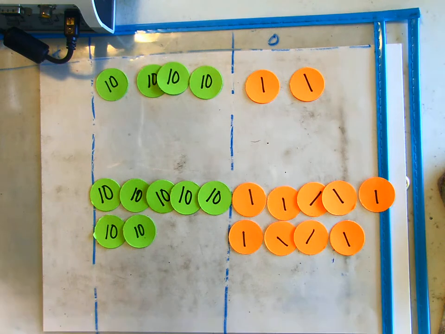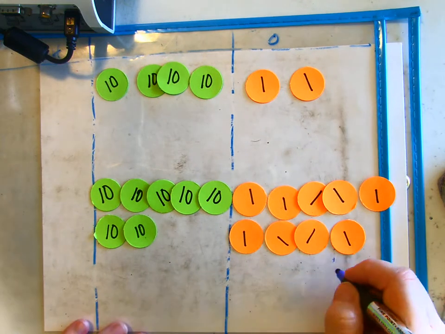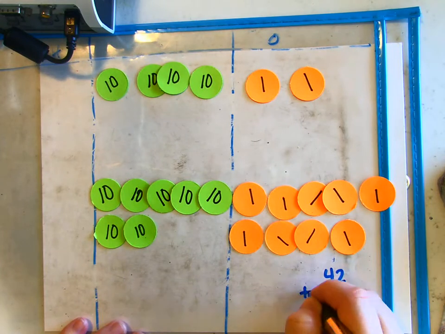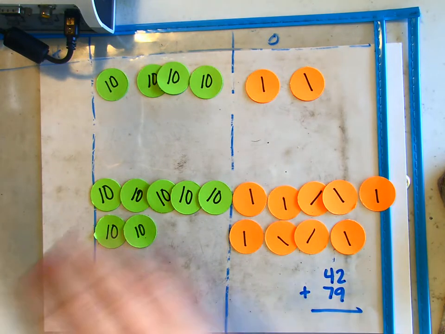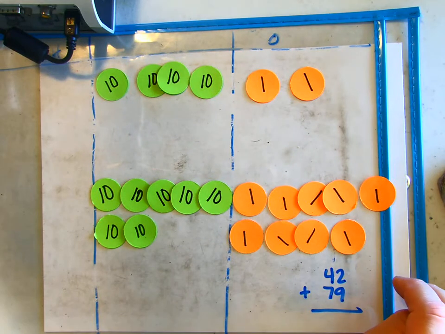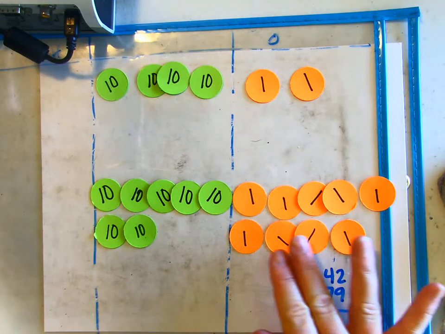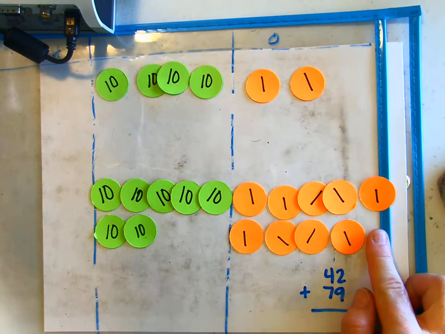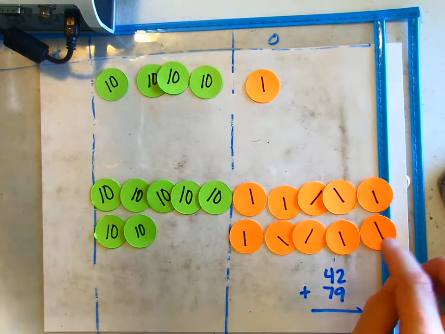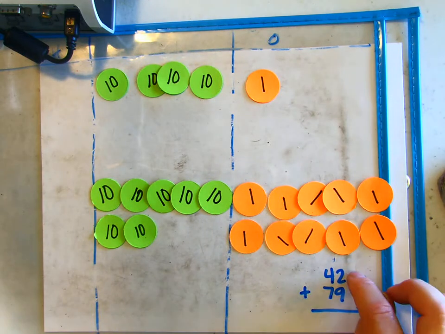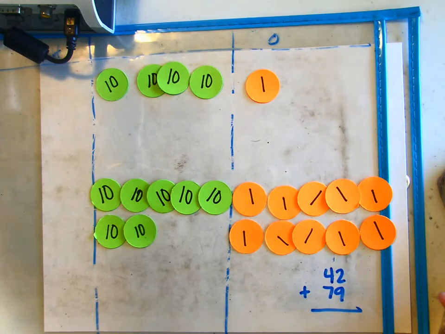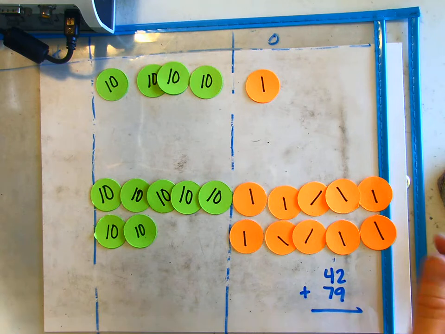All right. And I'm going to write the problem down here. 42 plus 79. Starting with our ones, it does look like we can make a group of 10. We have 9 here. 9 only needs one more. We had 2. So I'm going to move that over to make my group of 10. 2 plus 9 is 10, 1, or 11.